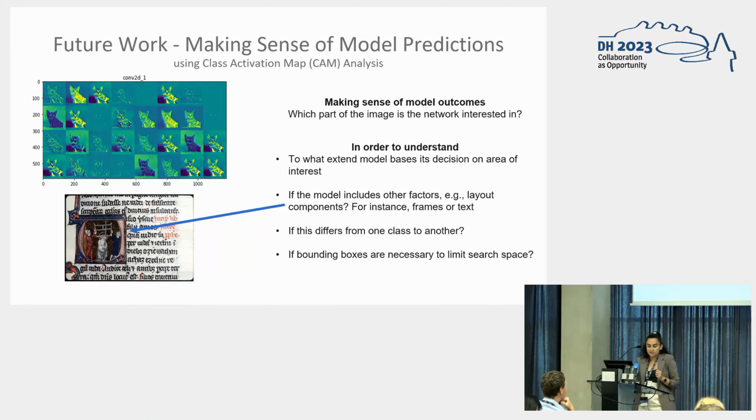So, for instance, layout components like the frame or the angle from which the image has been scanned. Some of them are full page scans, while others are close-ups of the illustrations themselves. And we can see if this differs from one class to another, and finally, if it's necessary to limit the search space for our model by adding bounding boxes, which it probably is in our case.